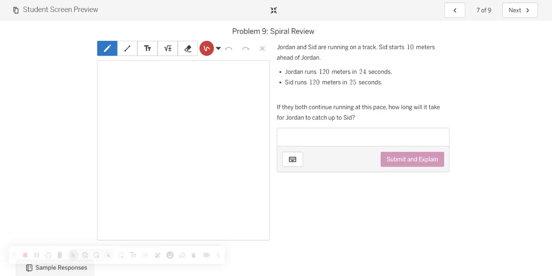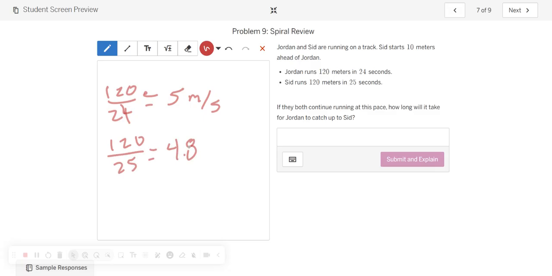Sid, 10 meters ahead. Okay, unit rates. 120 meters in 24 seconds. When I divide, that's 5 meters per second. 120 over 25 is 4.8 meters per second.